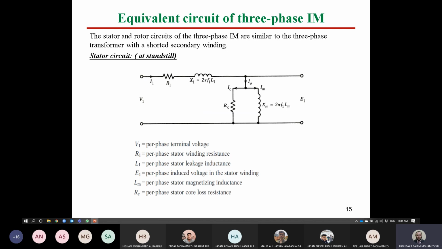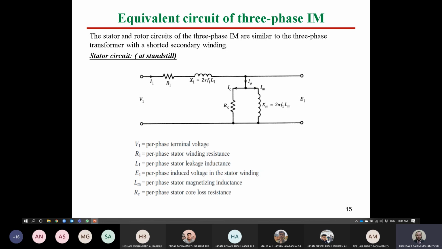The equivalent circuits. Based on our discussions, guys, we will derive the equivalent circuit at stationary operation. Then we will conclude the equivalent circuit at moving. So first at stationary, or at standstill, it's nothing but the equivalent circuit of a three-phase transformer. Right or wrong?